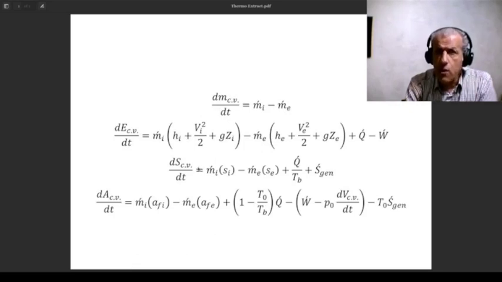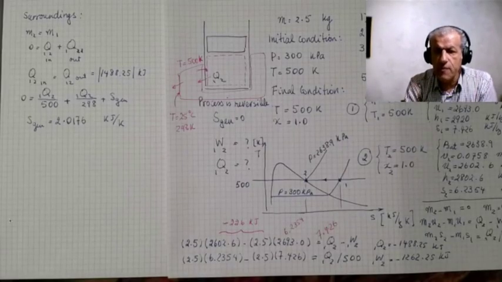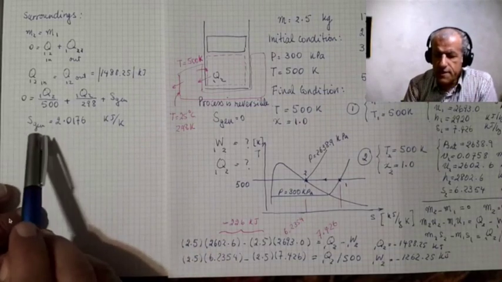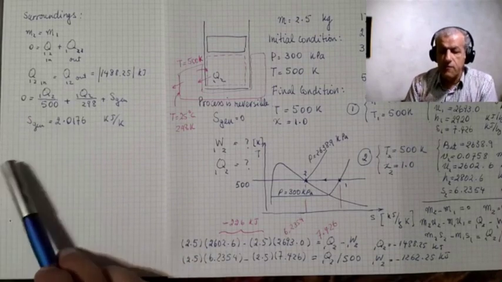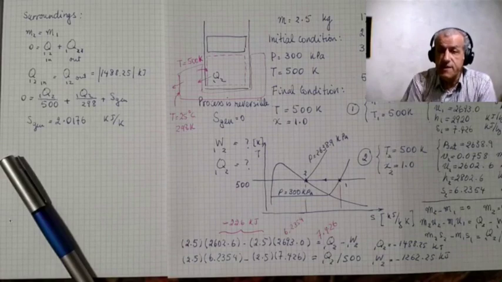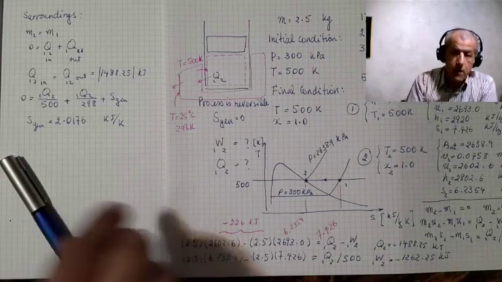Okay, now I want to do something else. I want to assume that there is some irreversibility in the process. And since I have to make some assumption, I would say, assume that we do the process with this amount of irreversibility inside our cylinder.